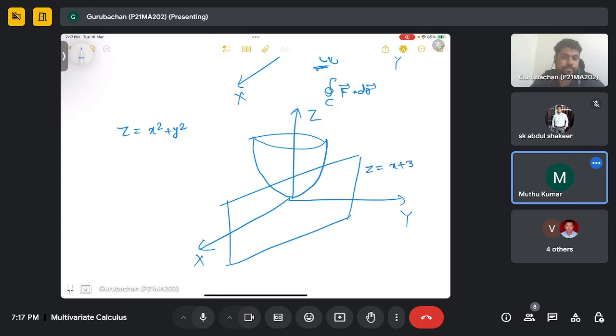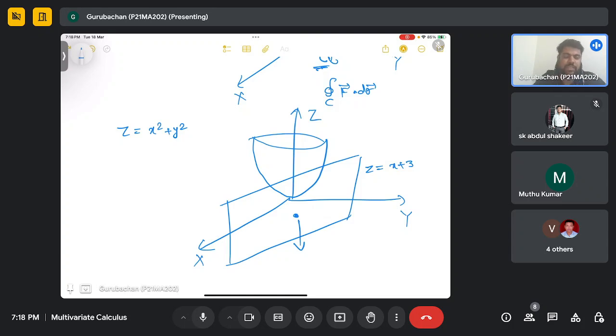Now, open at the top in the sense of the surface along which the plane cuts the paraboloid. So here this normal vector will be in the downward direction, particularly with respect to this space.